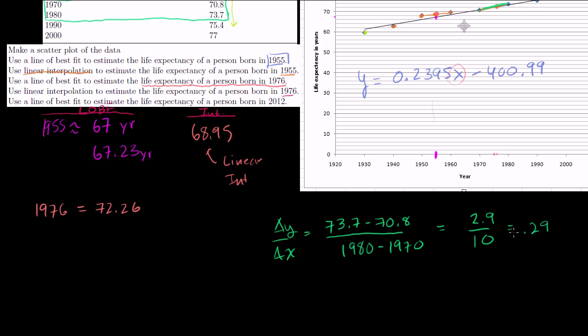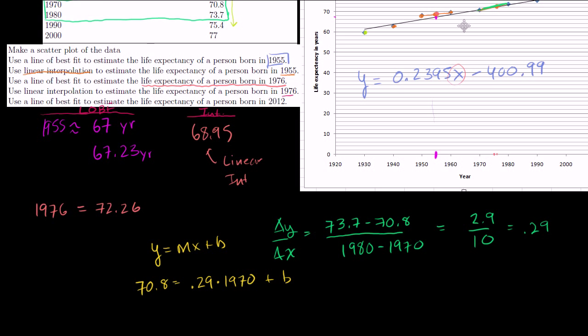Now, what's the equation of that line? Well, we know that the point 1970 and 70.8 is on that line. So if we say the equation is y is equal to mx plus b, we know that y is equal to 70.8 when m is 0.29, and when x, the year, is equal to 1970, so 0.29 times 1970 plus b.